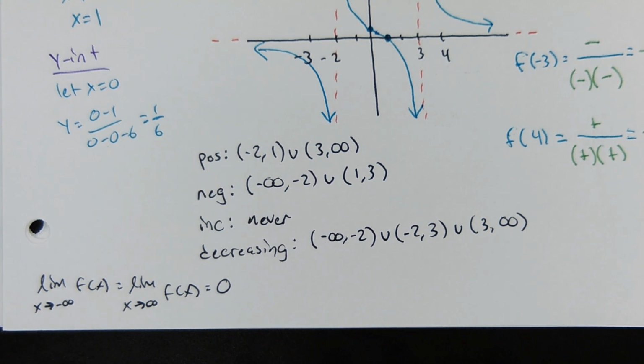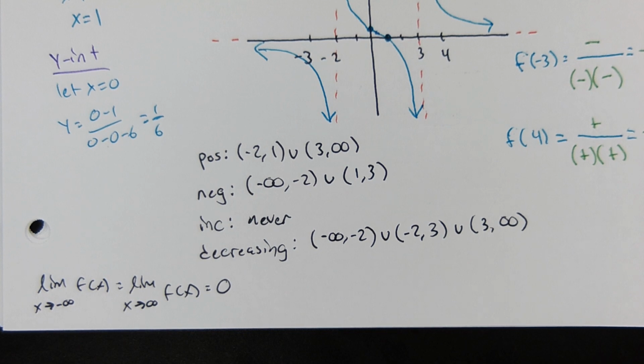By the way, the true definition of a horizontal asymptote is a limit as x approaches positive or negative infinity of f of x equals a number. When the limit to negative infinity or positive infinity equals a number, that's the true definition of what it means to be a horizontal asymptote.